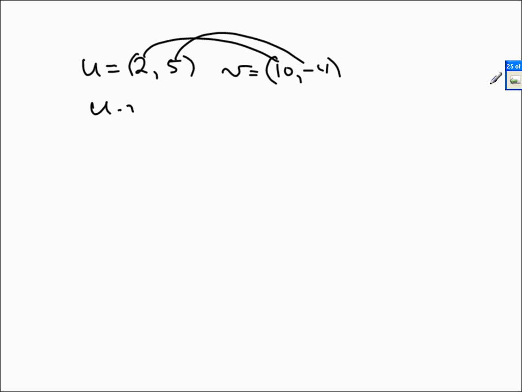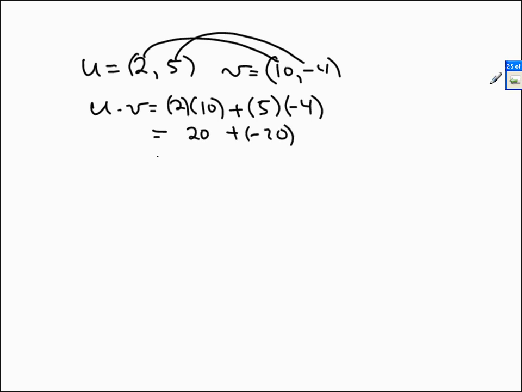So u dot v is, multiply the x values plus multiply the y values, or if you prefer, multiply the first values plus multiply the second values. 20 plus negative 20 is 0.